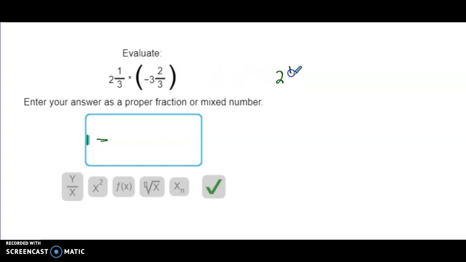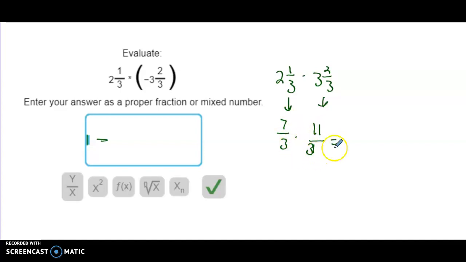2 and 1/3. Now that I've taken care of the sign of the product, I'm just going to drop it from my scratch work, so it doesn't get in the way. Times 3 and 2/3. We like to multiply fractions, not mixed numbers, so I need to rewrite these mixed numbers as their improper equivalents, which is 7/3 times 11/3. Oops, thirds.